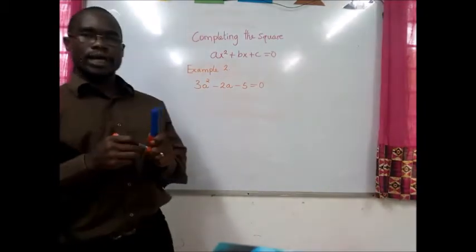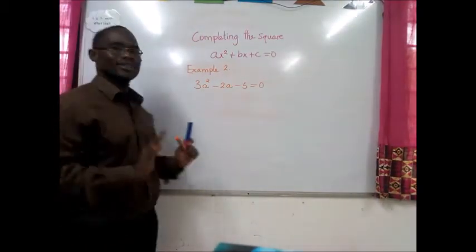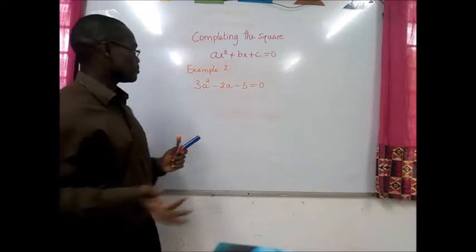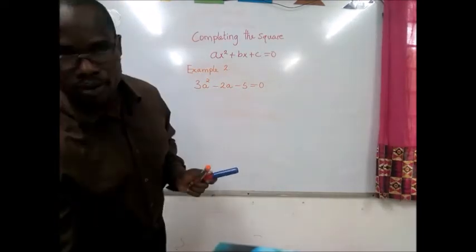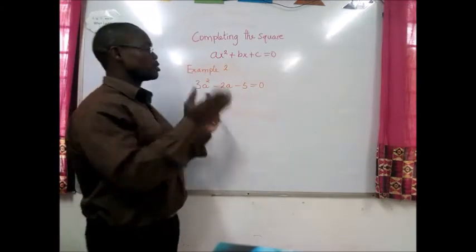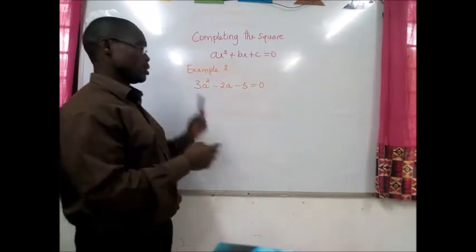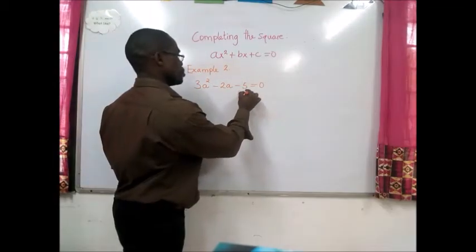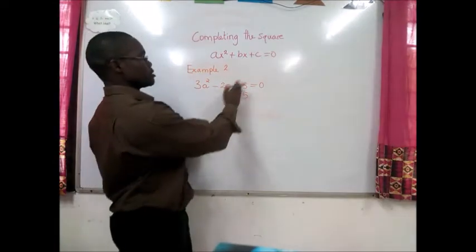So now if you get a question like this one, what are you going to do? Now, the same procedure I told you, the first step that you have to do, the variables must be on the left hand side. So we add 5. Why do we add? Because we need to take this on the other side.